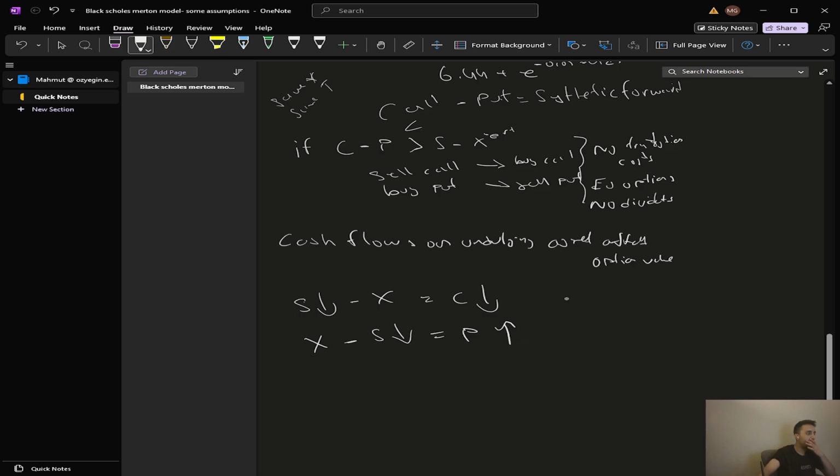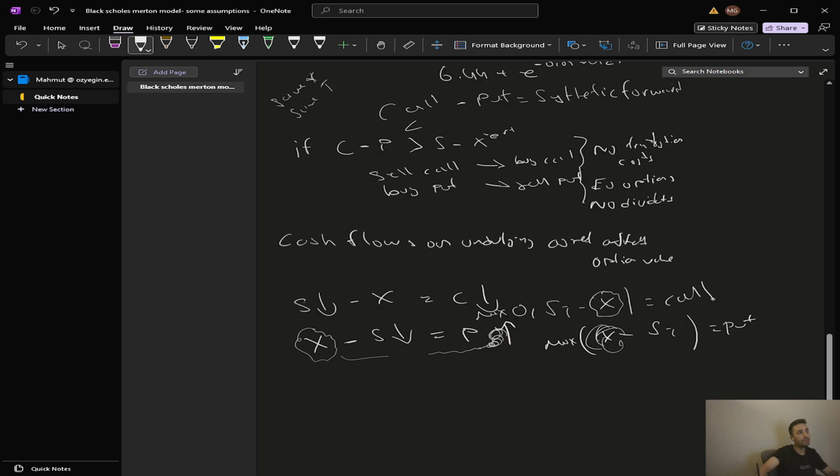Maybe I can give you a chart of how the parameters affect call and put values. You should know spot affects call positively, but strike affects call negatively and put positively. Strike affects put positively, but strike affects call negatively.